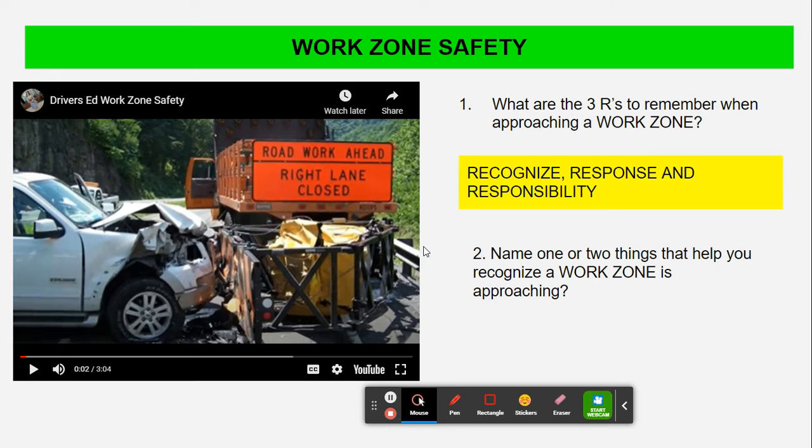Okay. So our response is that we are going to be extra vigilant. We're going to avoid any type of distracted driving, right? This is not the time to lose your attention and focus. It's not the time for you to be looking around at something else.